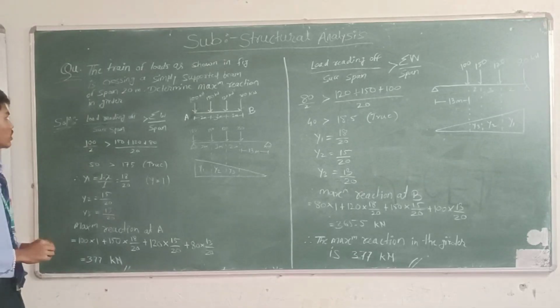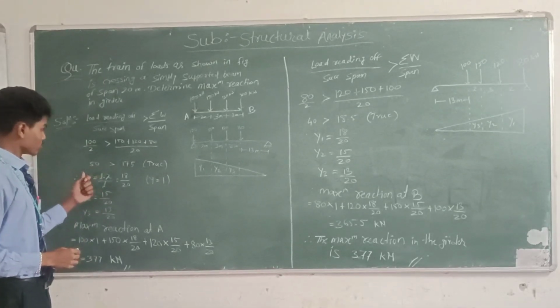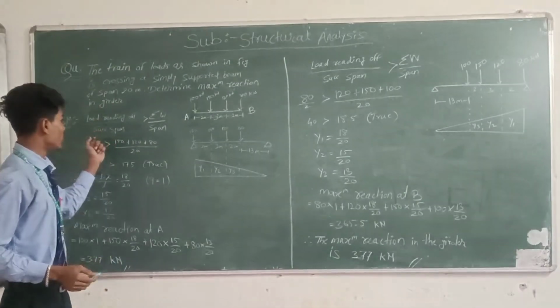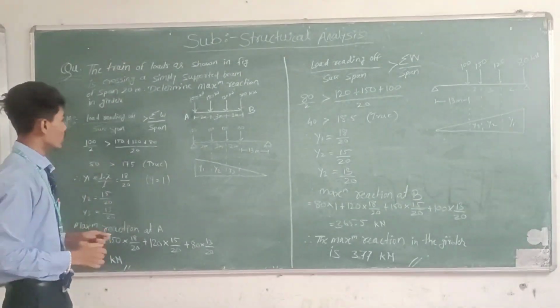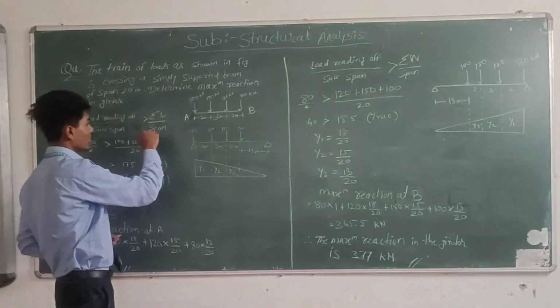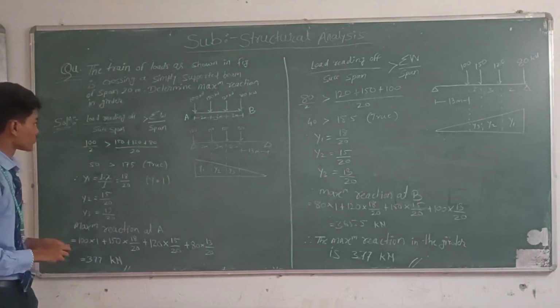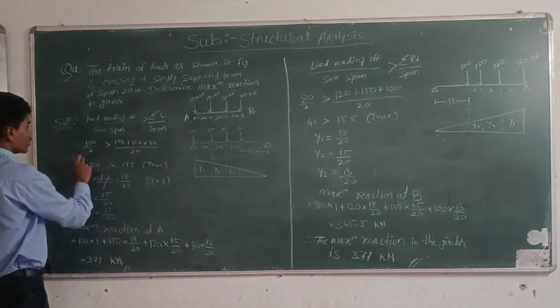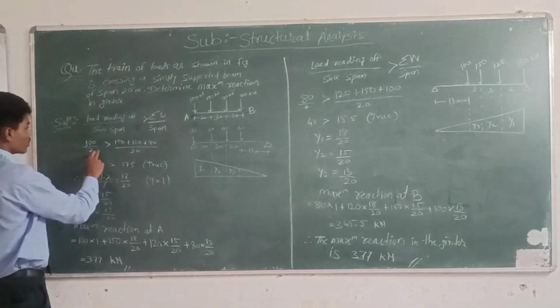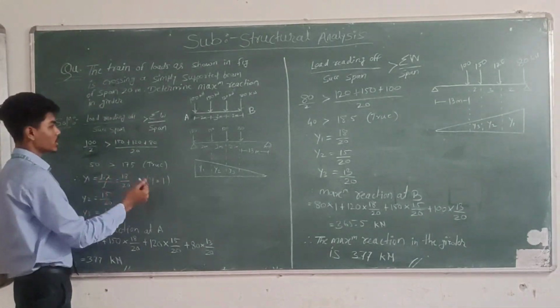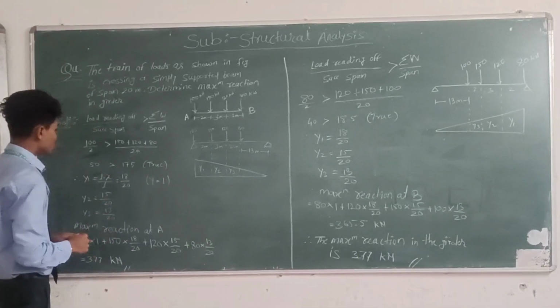First of all, we will check the load condition: the lead load divided by the successive span should be greater than the summation of all loads divided by the span. Here, 100 upon 2 is greater than (150 plus 120 plus 80) upon 20.